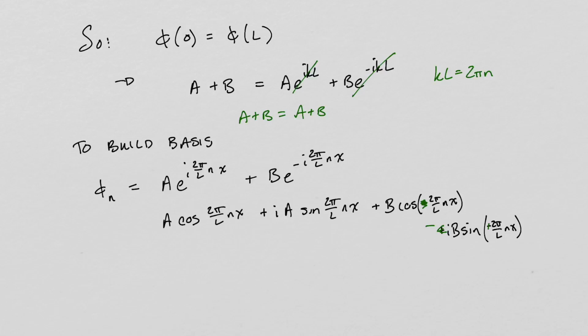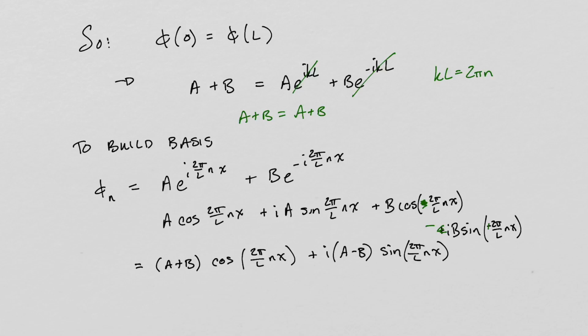And then if I rearrange this, I see that there are two things that go as cosine. I have an a plus b that goes with cosine 2 pi over L n x, plus I have an i times a minus b that goes with sine 2 pi over L n x.